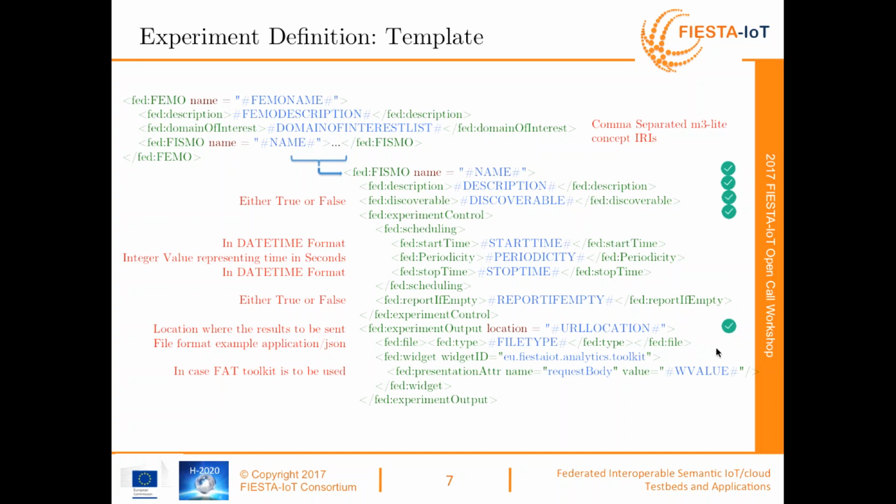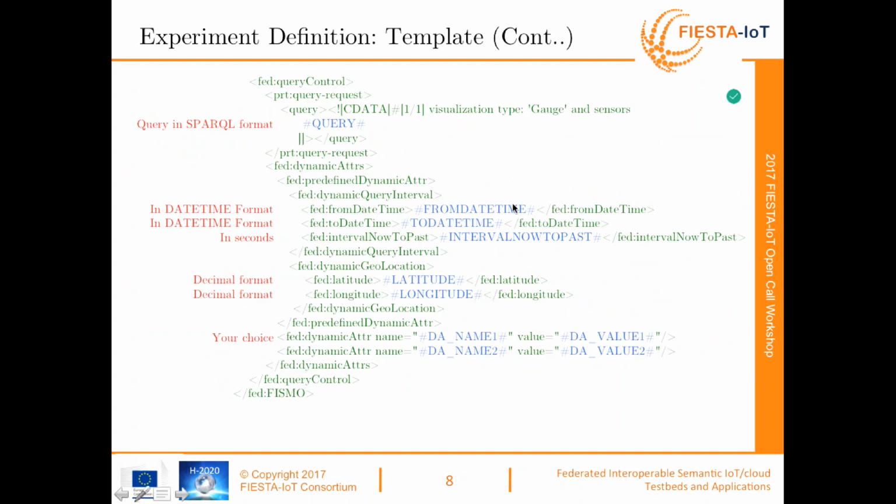Now, within this FISMO object, there is a parameter for query, which is the SPARQL query that you will provide. There is also the possibility of providing dynamic attributes. Suppose you want to execute your query for the latest data, like the past 10 minutes of data.